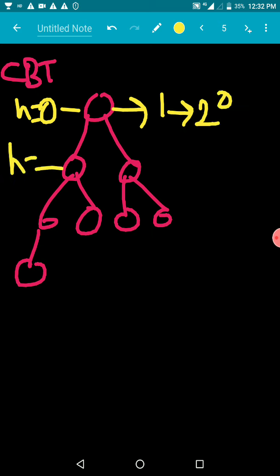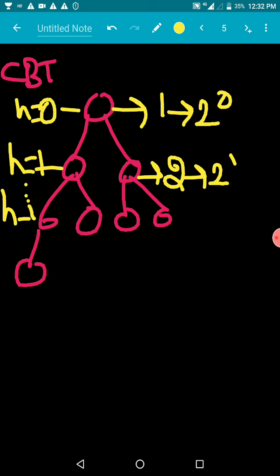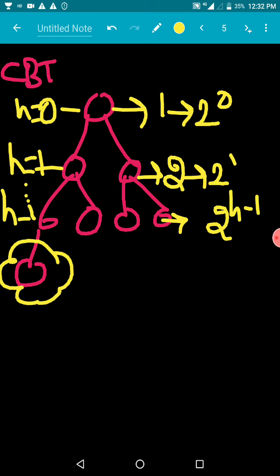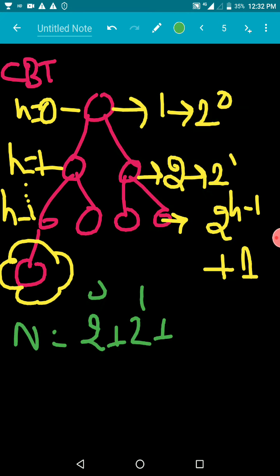Here h equals 1, the total number of nodes equals 2. I can rewrite it as 2 power 1. Up to h minus 1, the total number of nodes equals 2 power h minus 1. And finally this node is also present, so plus 1. The total number of nodes in this tree is n equals 2 power 0 plus 2 power 1 plus up to 2 power h minus 1, plus 1.